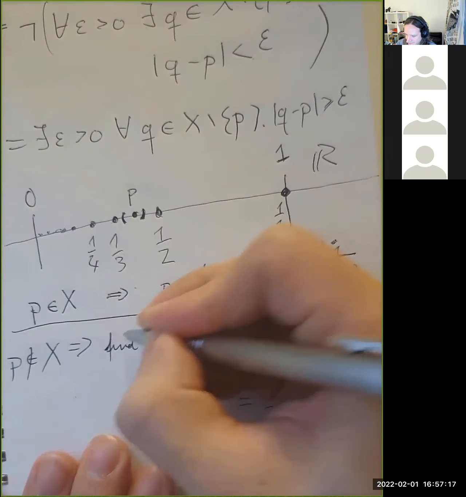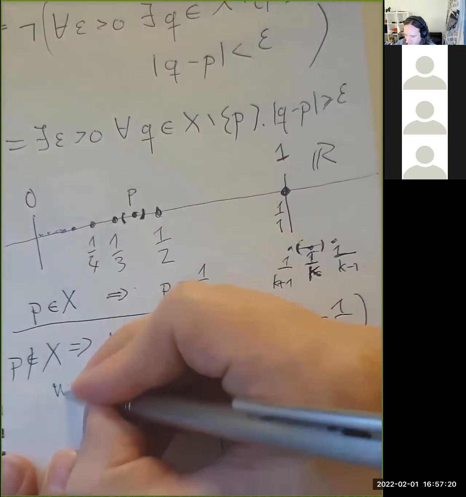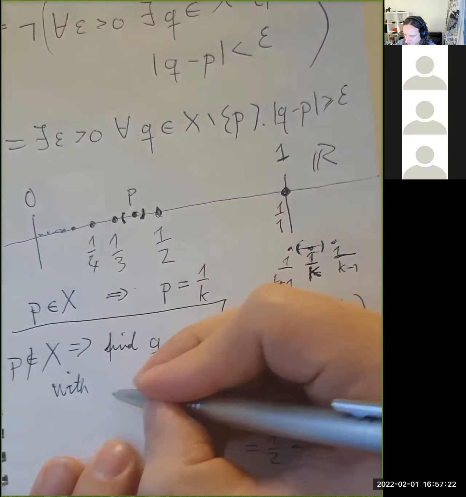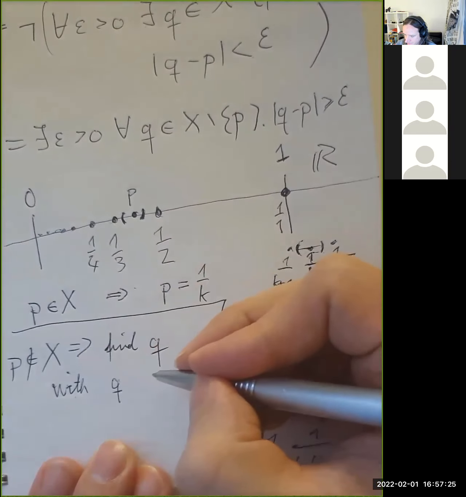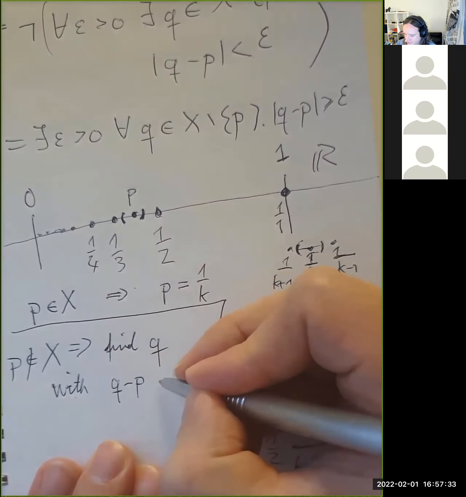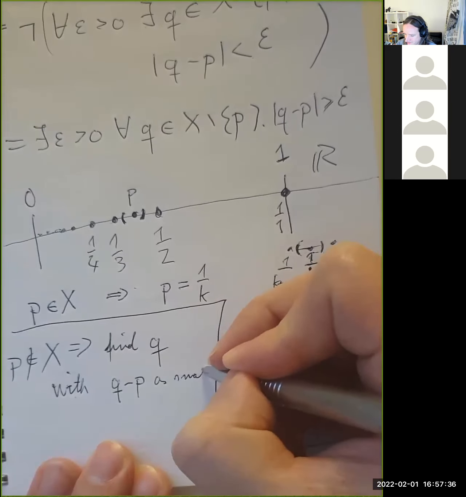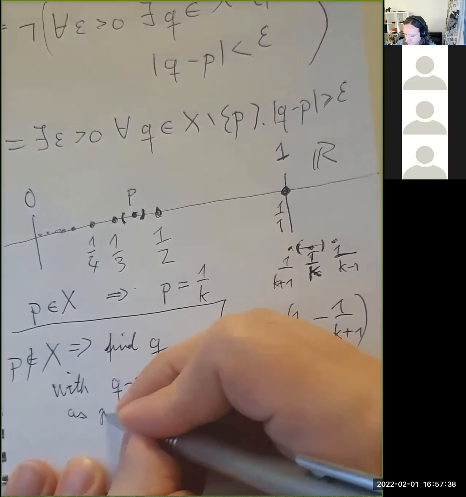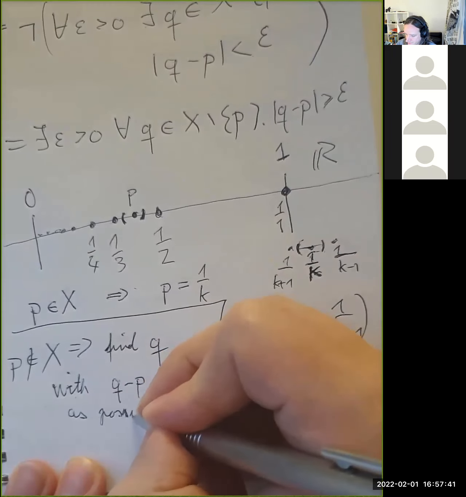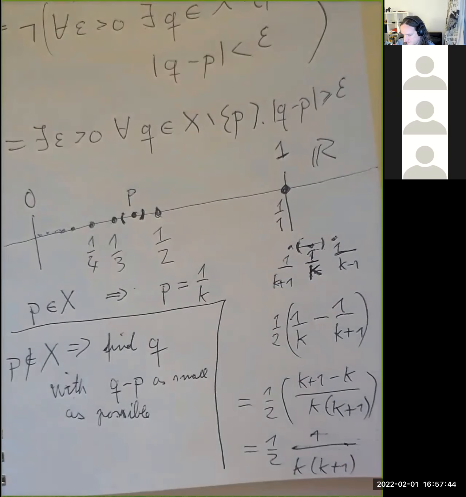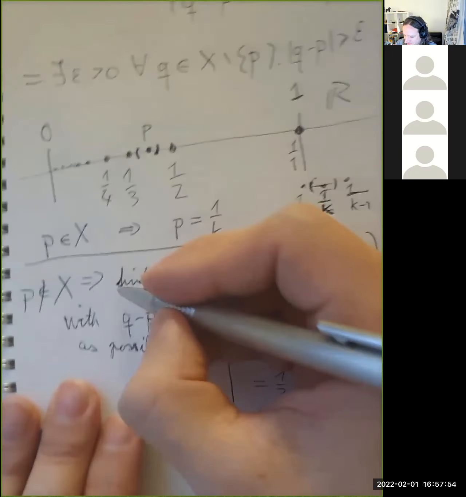Find Q with Q minus P as small as possible. Ah, wait, no, forgot about that.